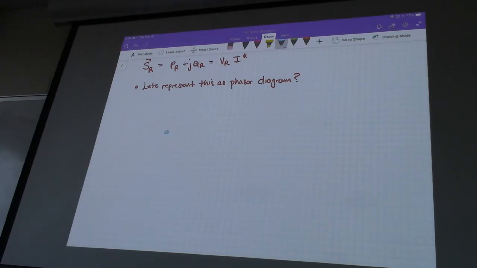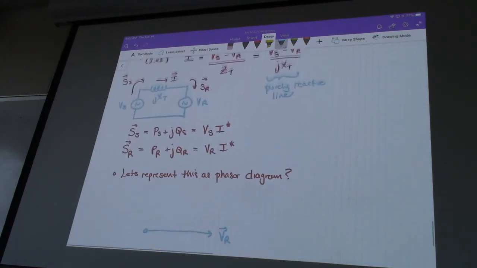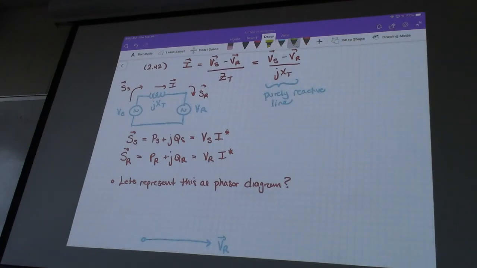So we have here the receiving voltage, which we are assuming is the reference with an angle of 0 degrees. Because in any system, we need to assume that one of the values, it could be a current or a voltage, is providing the reference for the system, the 0 degrees.